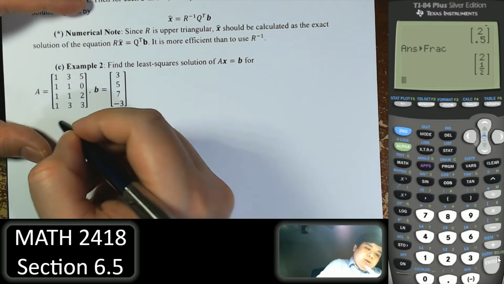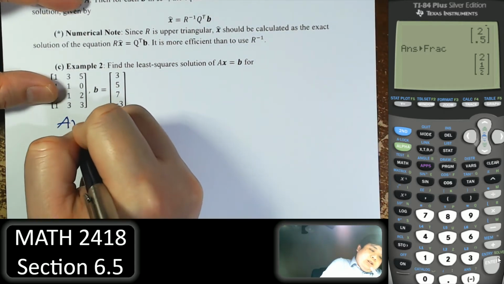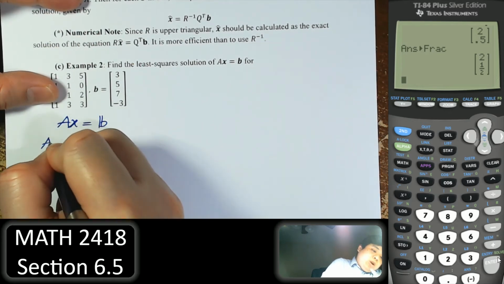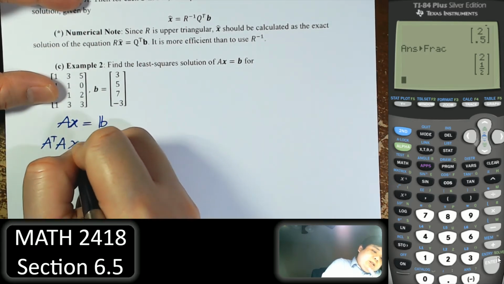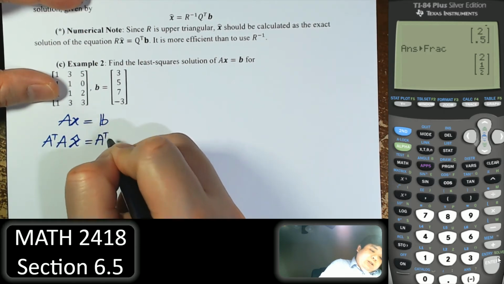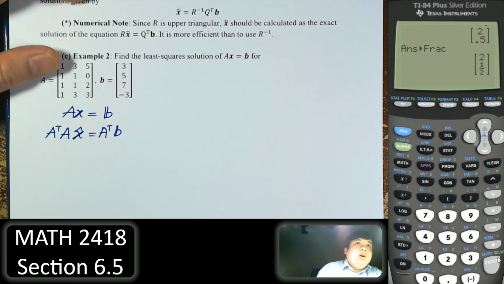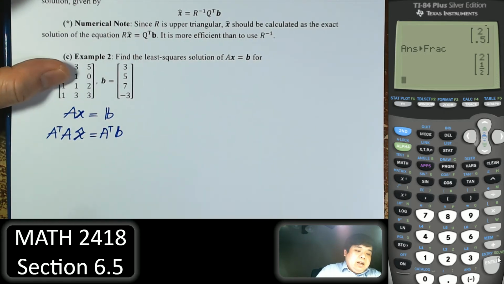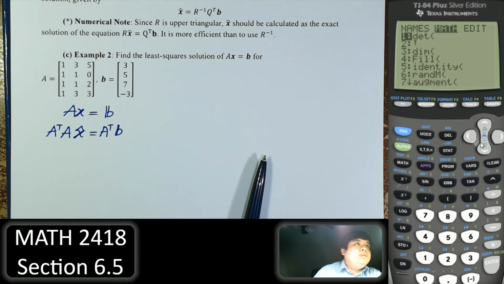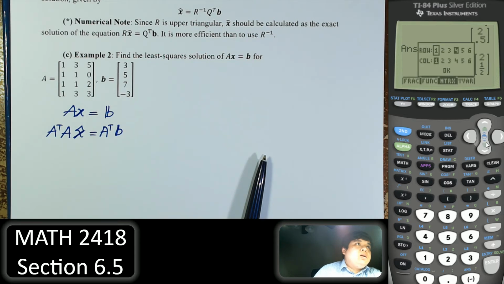Right. So once again, we have the equation. Multiply A transpose on both sides. We have the normal equation. Right. Let's find A transpose A. Type in the matrix A, 4 rows, 3 columns.